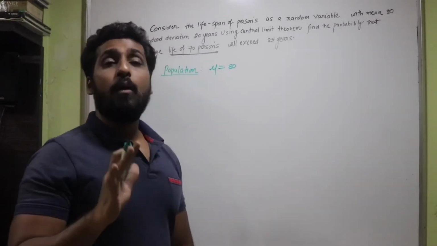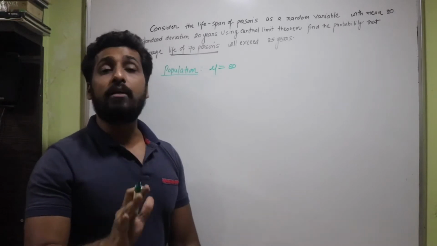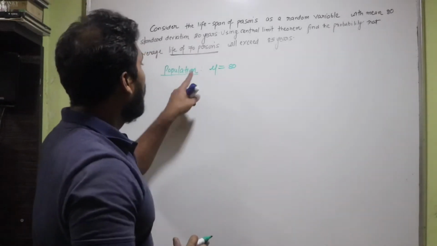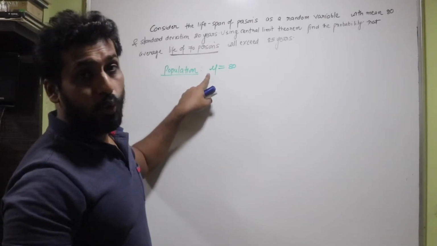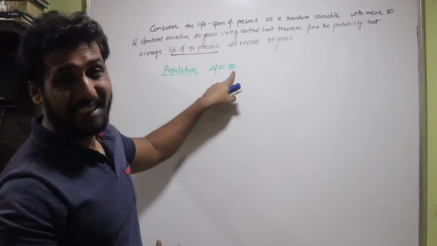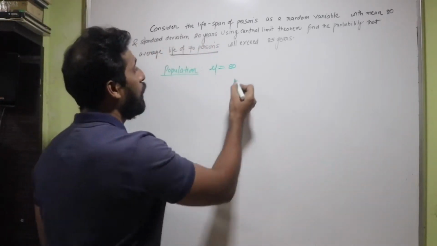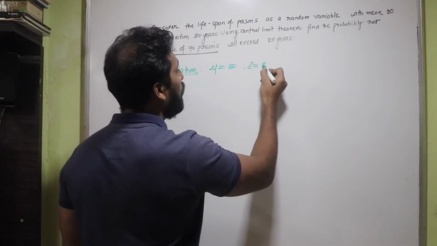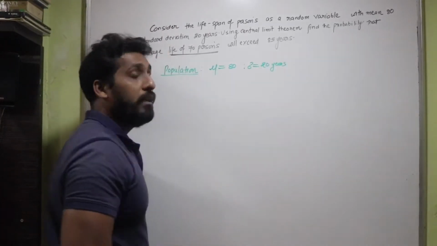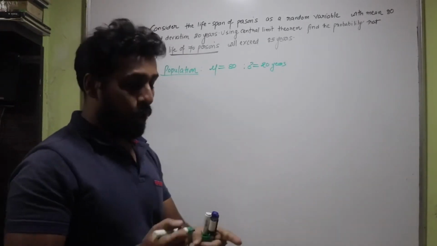Make sure that you have already watched my previous session in which the central limit theorem is explained in detail. The notation mu is used for the mean of the population. So the population mean is 80 and the standard deviation of the population is 20 years, so sigma is 20 years. The average life is 80 years and the standard deviation sigma is 20 years.